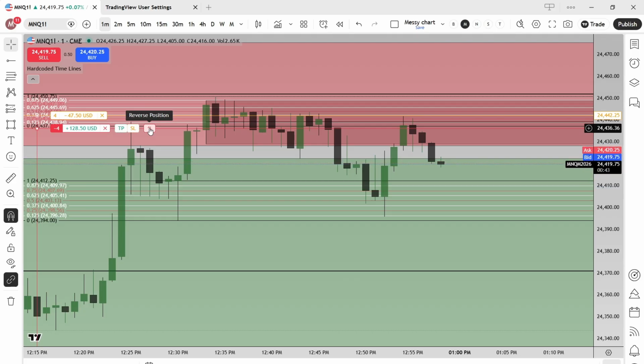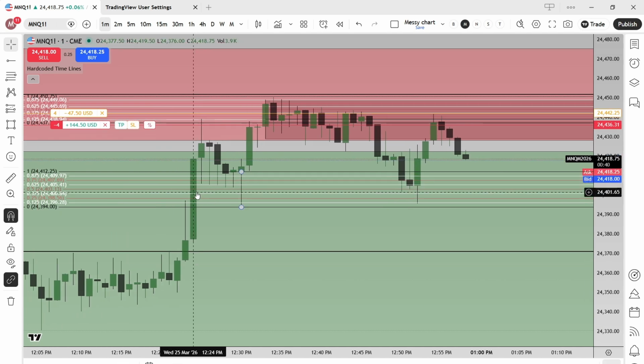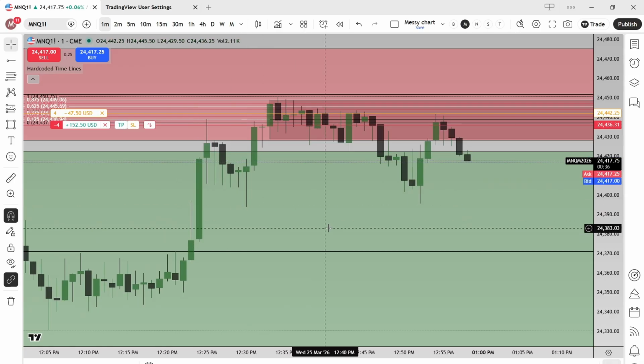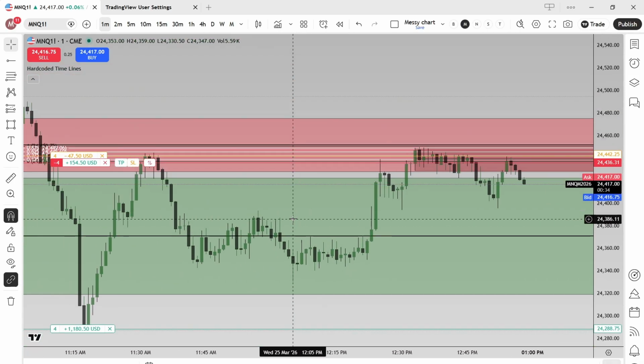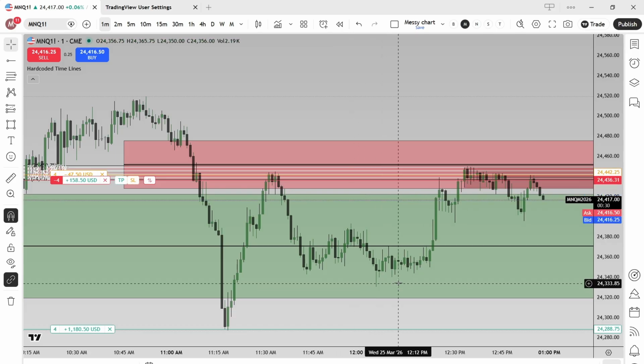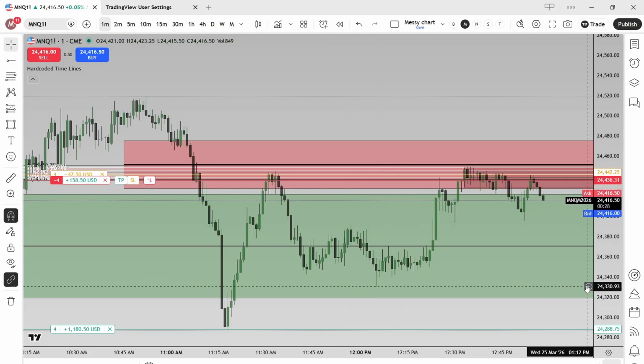Now I really want to see it just run. At least make a run to this low. And then this low. I'll take 3 contracts at this low.